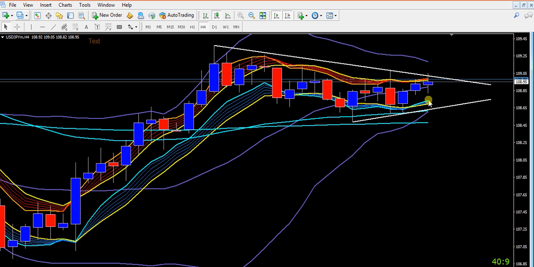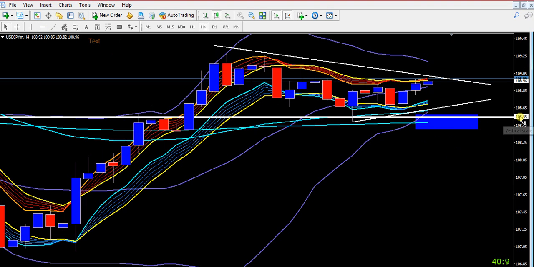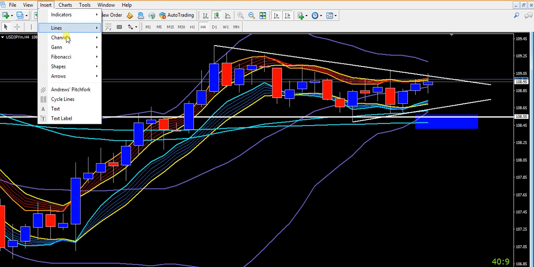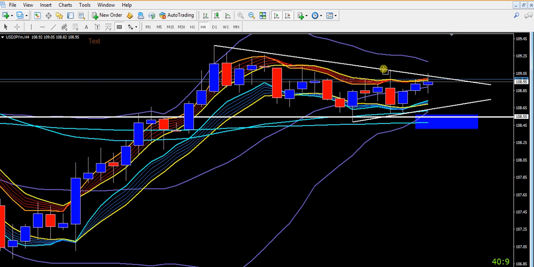If price goes below this area, this trend line, it means stop loss position. It's about 108.55. If the price breaks below this, this is my stop loss position.